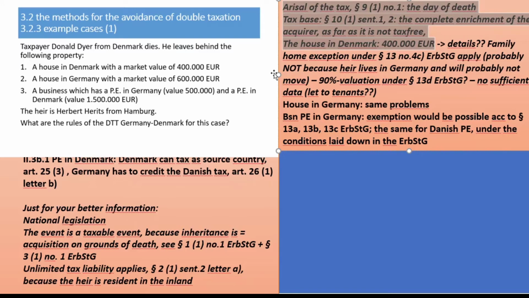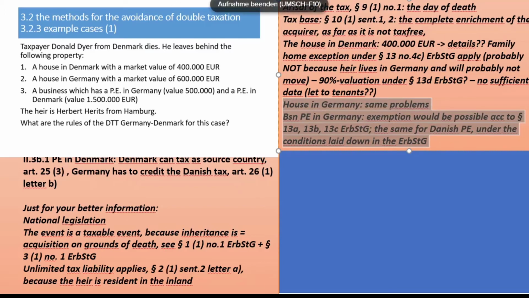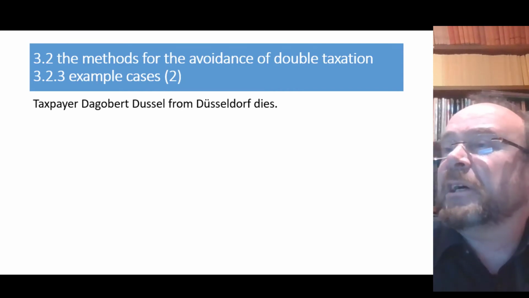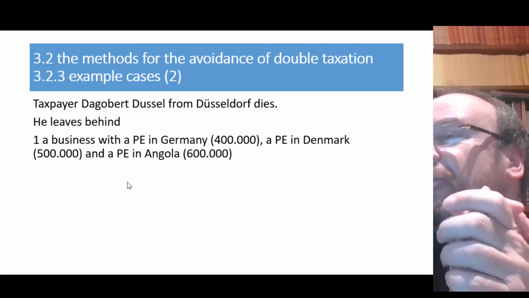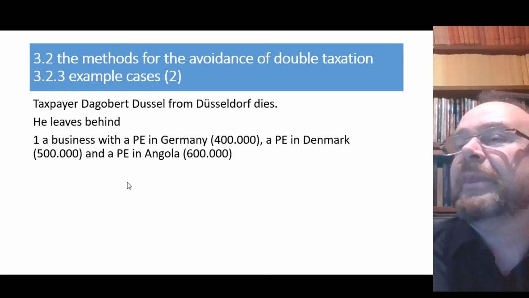So having a look at the question or the task always pays, naturally. Okay, here we have yet another case. Dagobert Dussel from Düsseldorf dies, and Dagobert leaves behind a business with a PE in Germany, a PE in Denmark, and a PE in Angola.